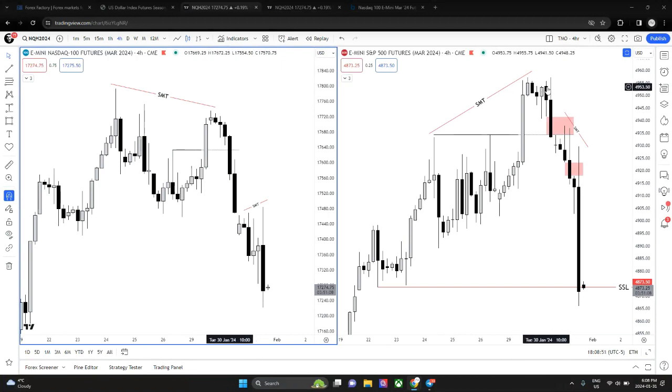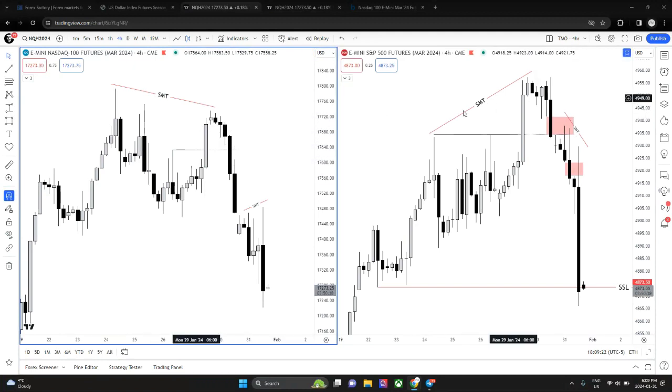How could you see a weakness here? Because this high right here, which is the same as this high, right? It took out here, but this one could not take this one out. So that's weakness right there. And this suggested that the Nasdaq was weaker at this time, right?